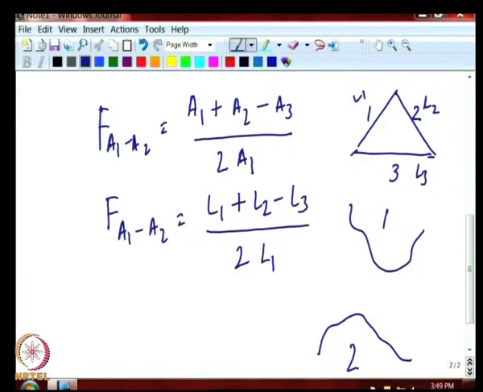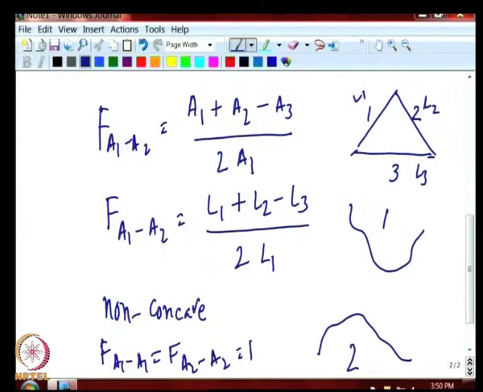But what was shown by Professor Hottel from MIT was that even if the real problem does not have straight surfaces, suppose there were concave surfaces, if you recall, the result obtained here was valid only for non-concave surfaces. That is, those for which F A1 A1, F A2 A2 and F A3 A3 were equal to 0.